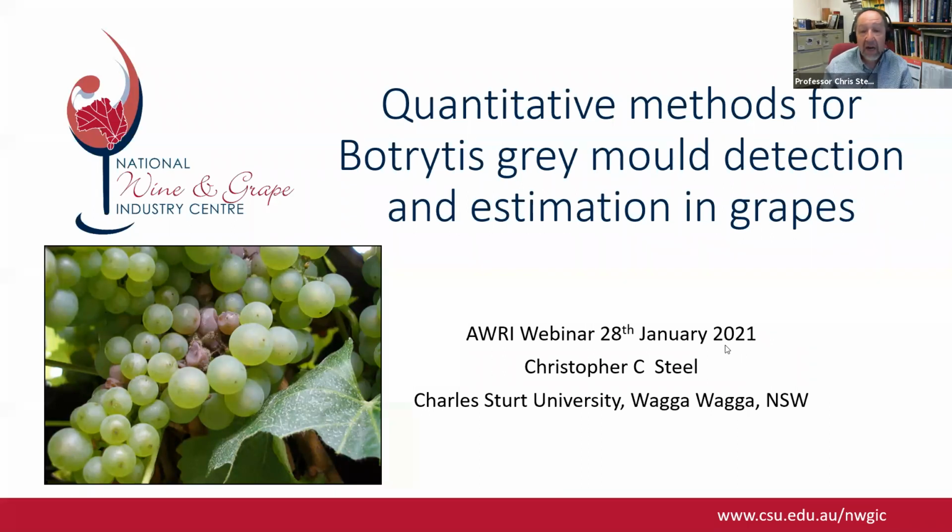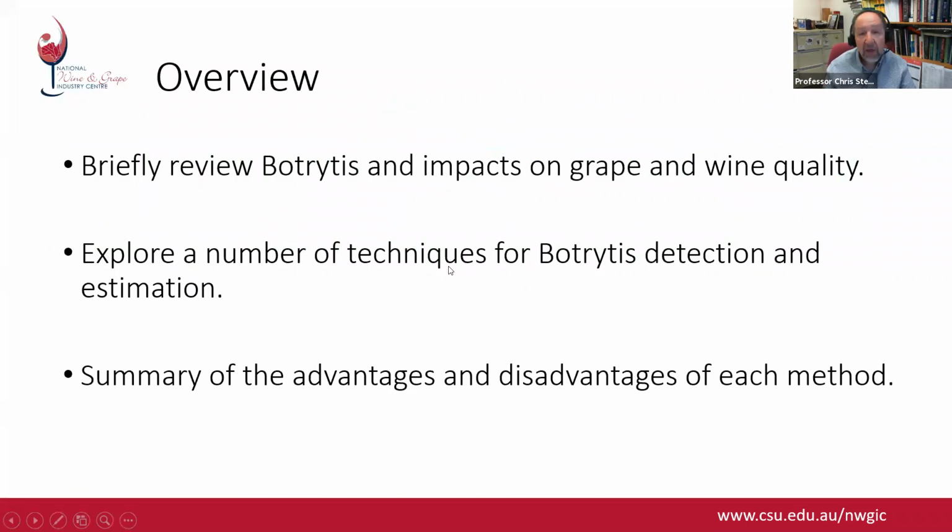Today I'm going to be talking about some of the work that my research group and some of my colleagues in other institutes have done on the detection and estimation of grey mould in grapes. I'll start with an overview. I'm going to briefly review botrytis, and I would imagine that anybody attending today probably knows what botrytis is already, so we're not going to discuss what botrytis is and its biology.